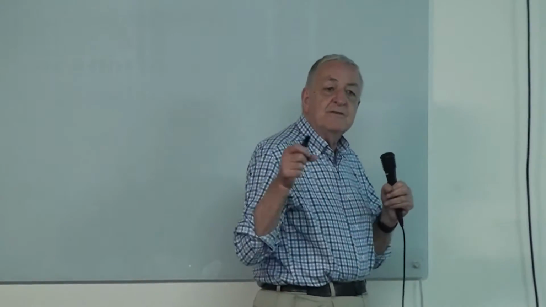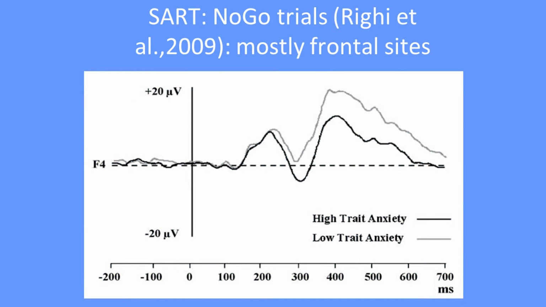Those unfamiliar with these things may find this a little bit puzzling. Again, this is using the go, no-go paradigm. The crucial thing is what happens on no-go trials, and as you can see, where we first get a clear indication of a difference between high anxious, the dark colour, and low anxious, the lighter colour, is just around the 300 millisecond mark.